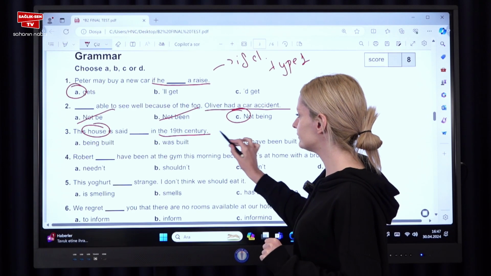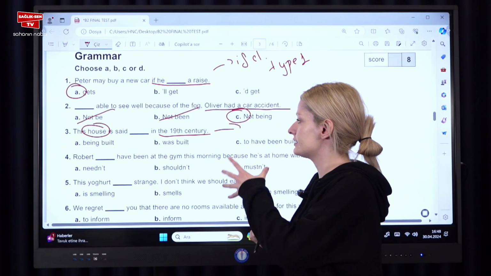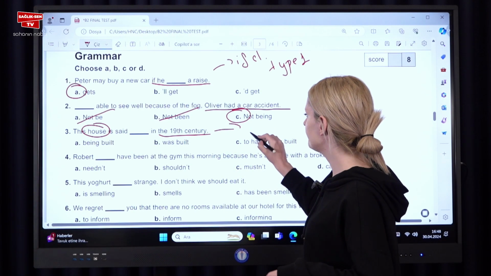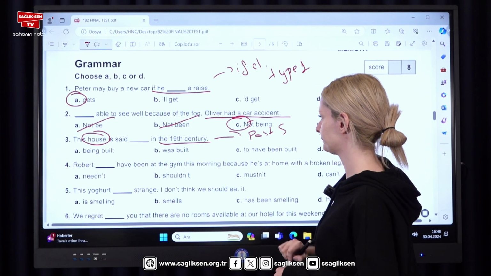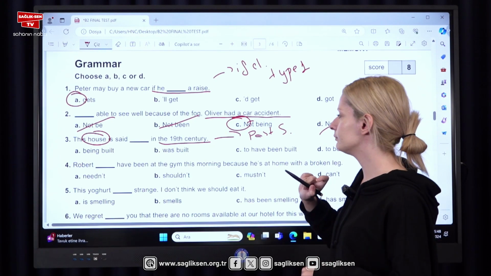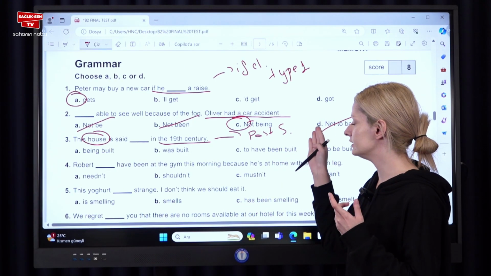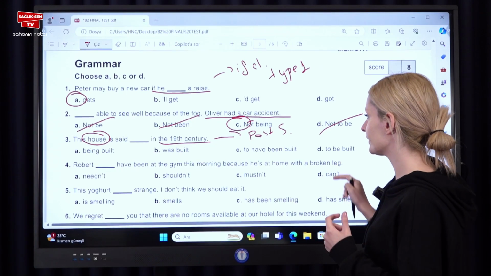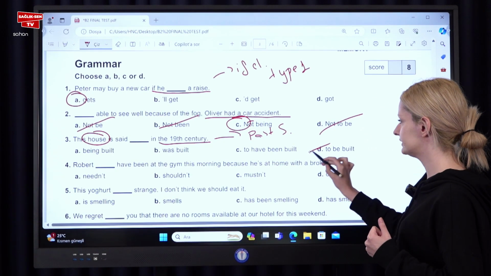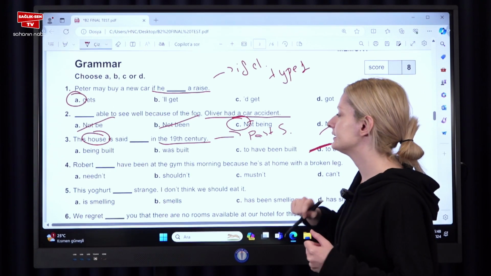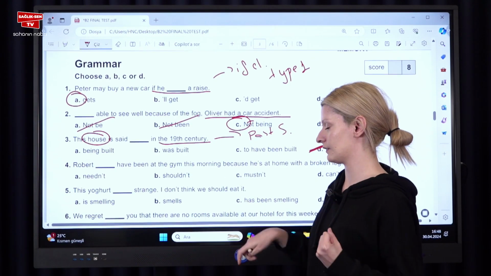We can understand from the time expression here, the 19th century, this happened in past simple. So I am going to choose the correct one according to the past simple. This house is said to have been built in the 19th century. We have an omit situation in this one.